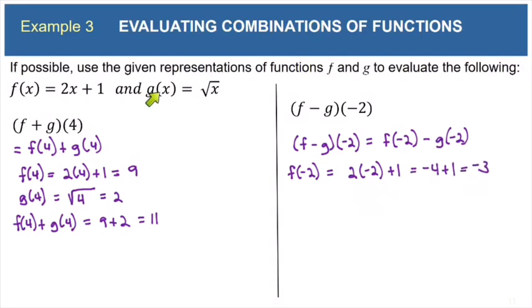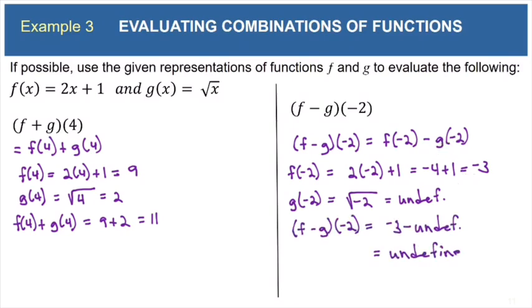G of -2 is going to be square root of -2. Now that would be an imaginary number, but as far as our function is concerned, it's undefined. So g of -2 is undefined, and we'll have to say that f of -2 minus g of -2 is -3 minus an undefined number, and the result is undefined.